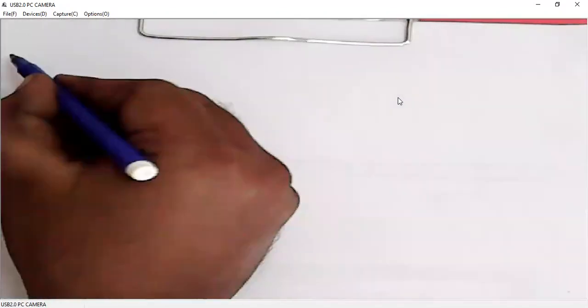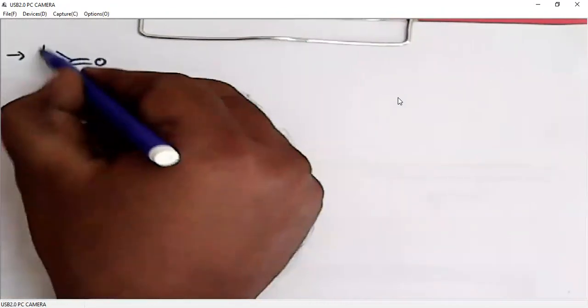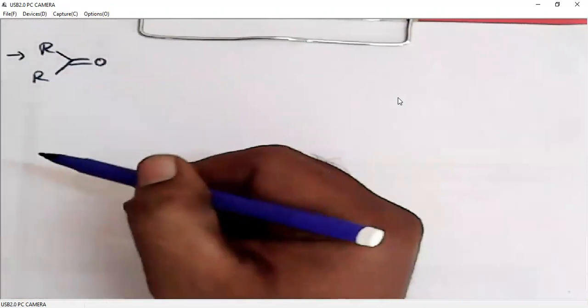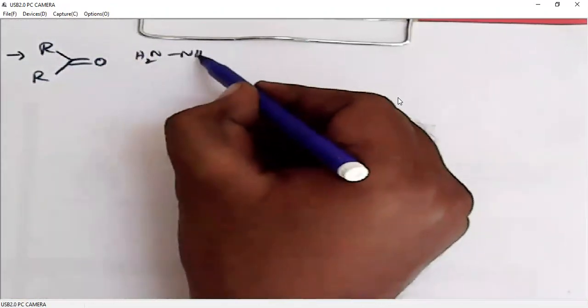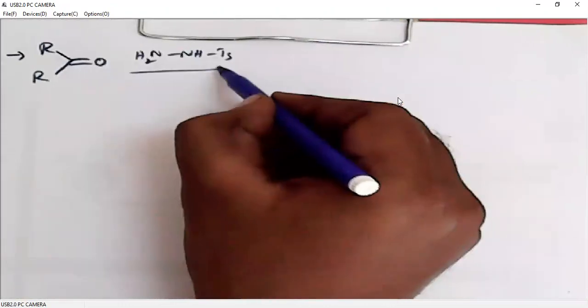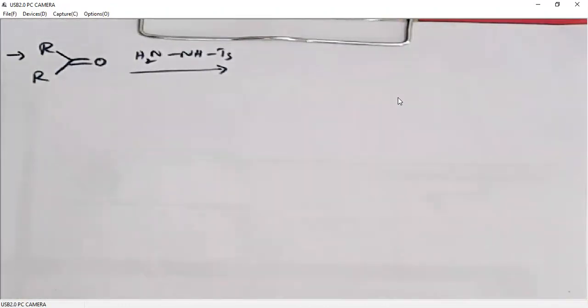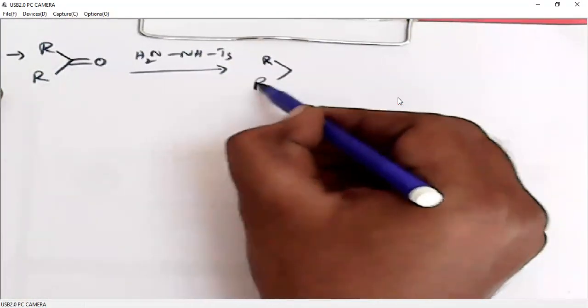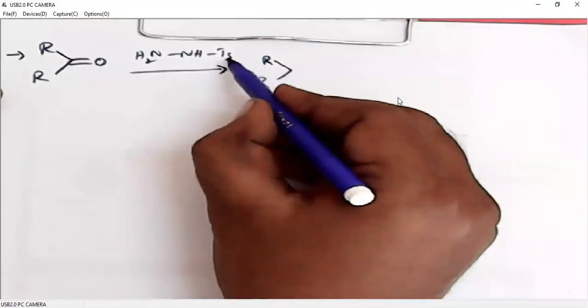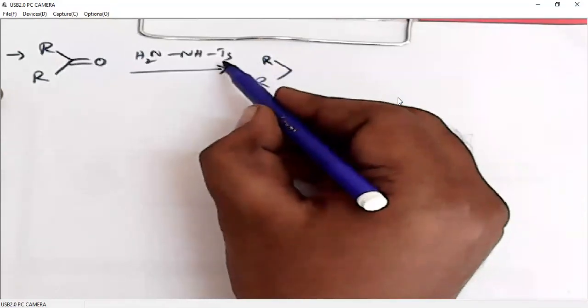When we use modified conditions in Wolff-Kishner reduction, like if we use tosyl hydrazine instead of simple hydrazine, we need to use a reducing agent instead of a base. So in the first step, we get a tosyl hydrazone. So this is the para-toluenesulfonyl group, tosyl.